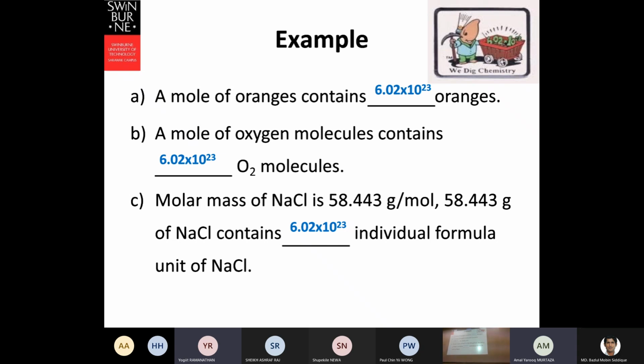Will it cover the whole Pacific Ocean if we put this 1 mole of oranges? No? Okay, the Atlantic? Maybe a swimming pool. Okay, 1 swimming pool? That means if you squeeze the juice of 1 mole of lemons, 1 swimming pool will be filled, yeah?